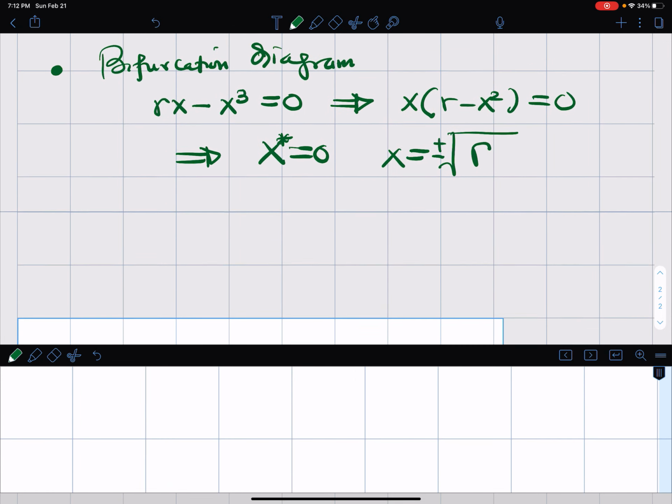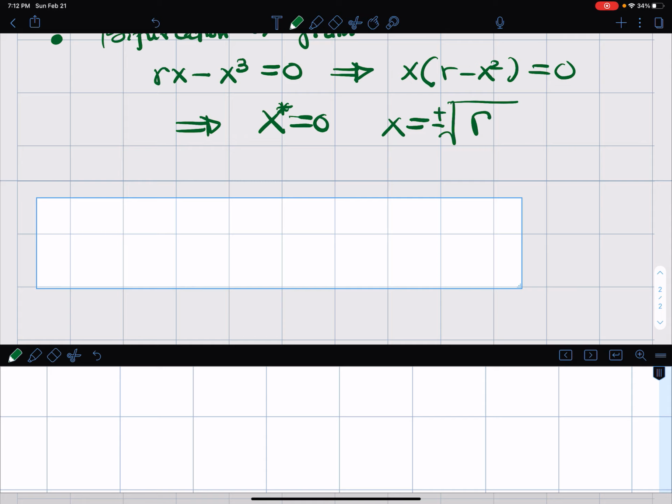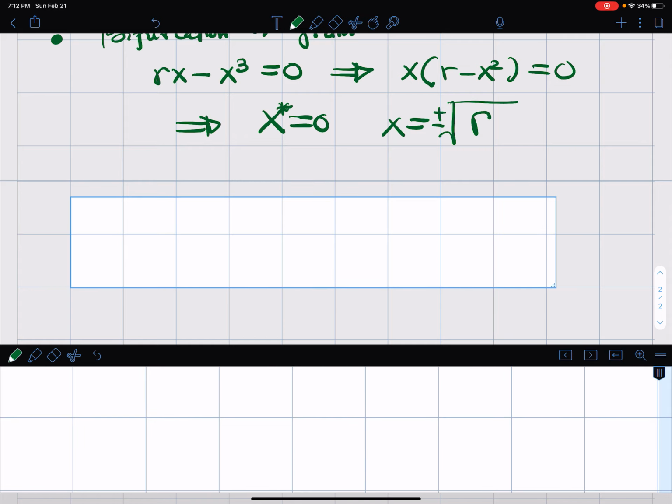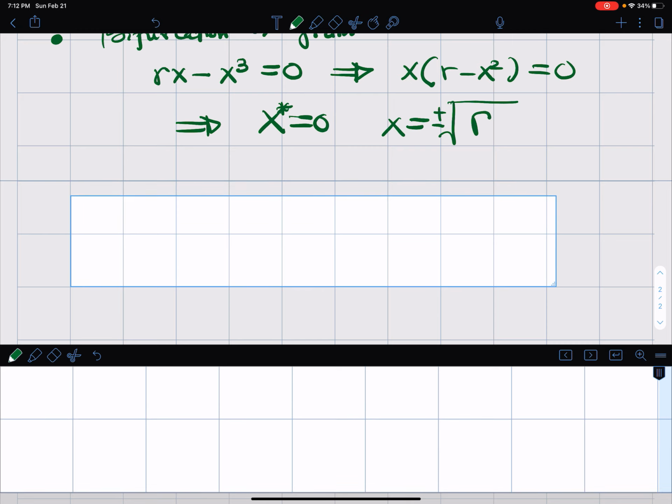All right, and I feel like we've seen something like this before. I'll let you think about where we saw it if you are taking the class. But if you sketch the fixed points, let's sketch r against x star. So we have this.